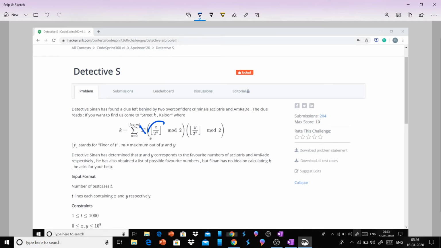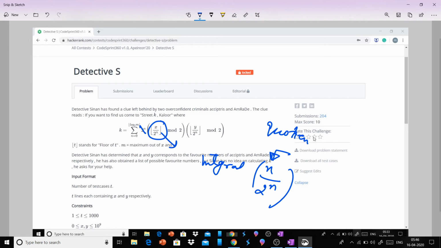What does this part mean? This part means nothing but the integral part of x by 2 power n, right? And x by 2 power n is nothing but the quotient. And we know that we get the quotient as an integer only.